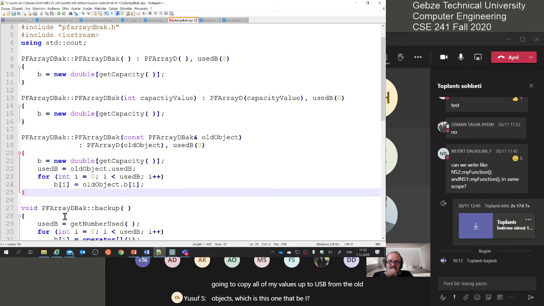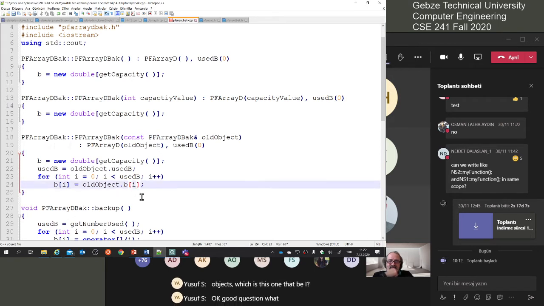Good. Question: what happens if I do this? Is this okay? It is okay because we overloaded it. Yes, the base class overloaded this index operator. So this will compile, but logically, is this okay?